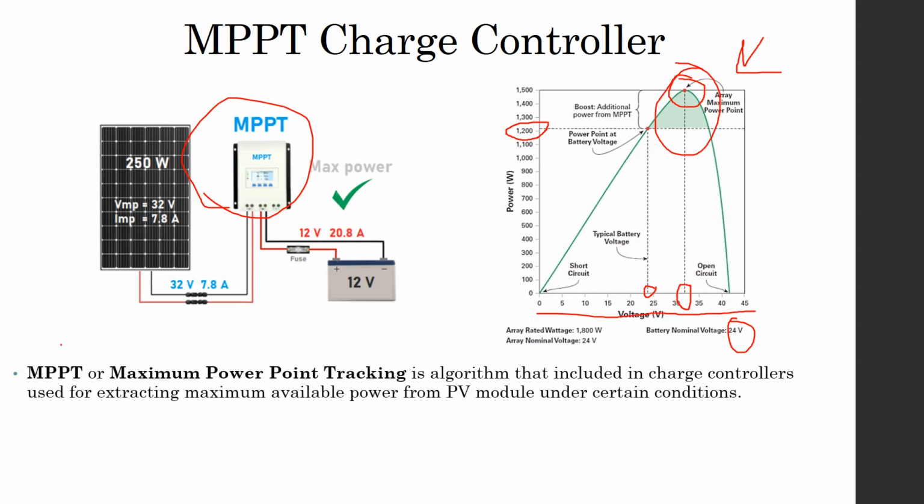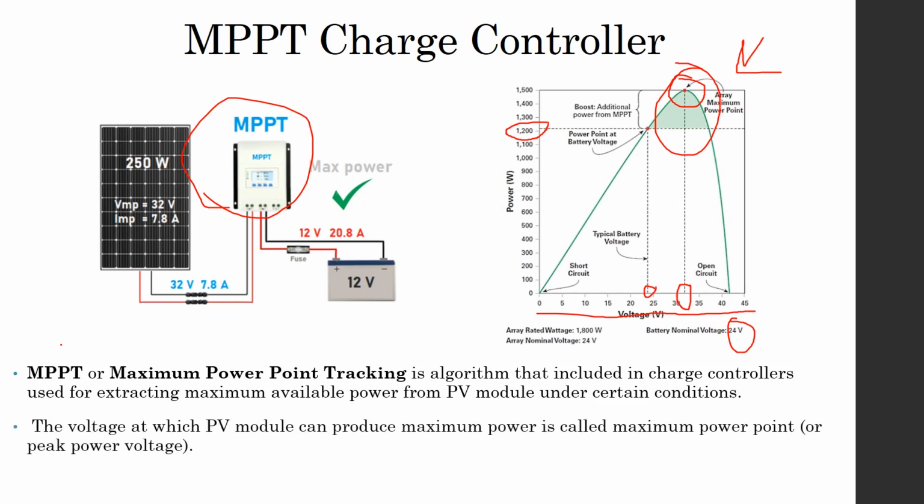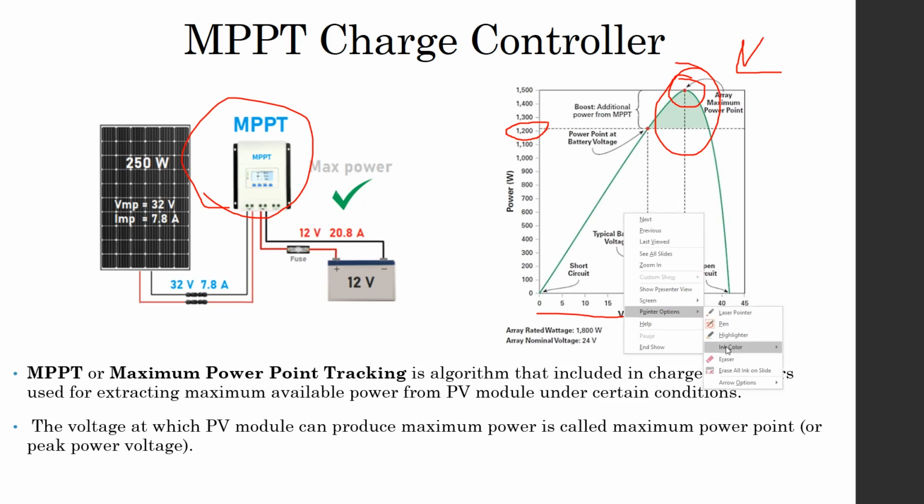MPPT is an algorithm included in charge controllers used for getting the maximum available power from a PV module under certain conditions. The voltage at which the PV module produces maximum power is called the maximum power point or peak power voltage. Here, for example, in this example, let's delete all of this.